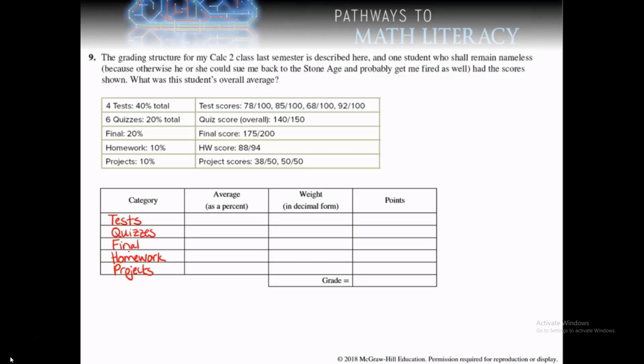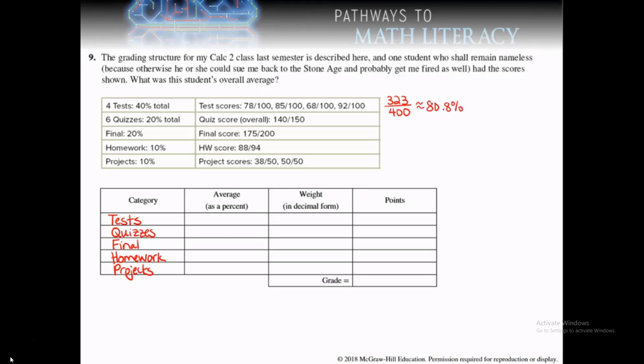So in test scores, we have 4 different scores, and those 4 different scores are all out of 100. The scores the student got add up to 323 out of 400 points possible on those 4 tests. So rounding that to 1 decimal place, that's about 80.8%. And so that's what I'll fill in for the test average.